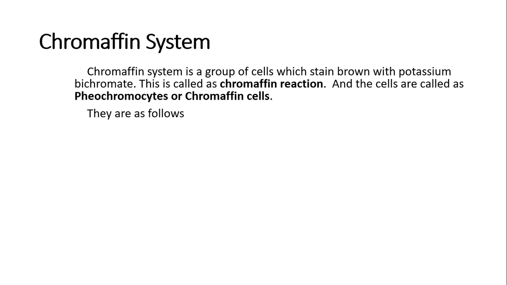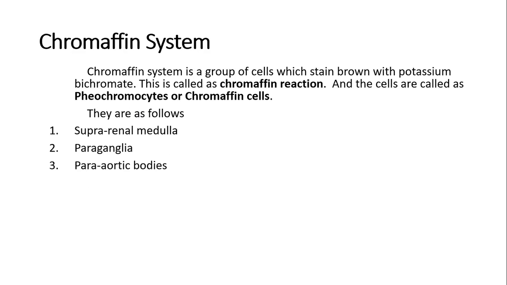So this chromaffin system is made up of cells in different parts of the body. One we saw in the suprarenal medulla or the adrenal medulla, where there are chromaffin cells or pheochromocytes. Similarly, we can also see these kinds of cells in the paraganglia, as well as the para-aortic bodies.